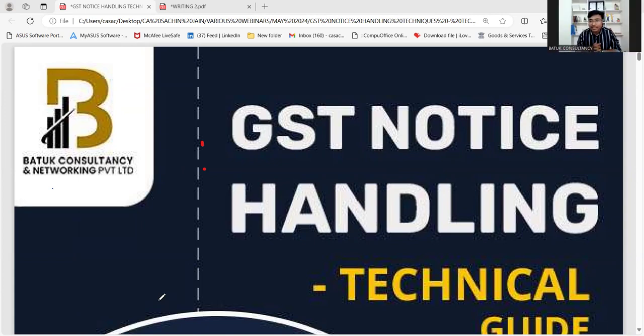We are receiving multiple notices from the GST departments on various issues. So our today's session will cover the concept and the components, how we can take care of those notices, and how we can handle those notices in a very smooth way.